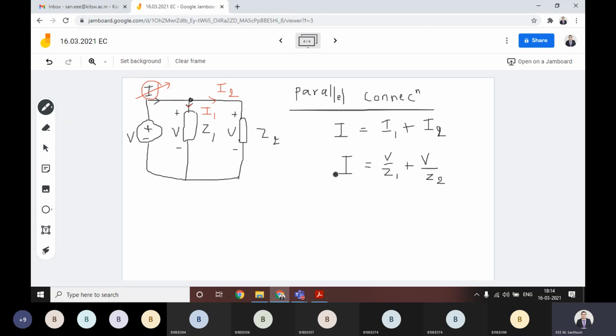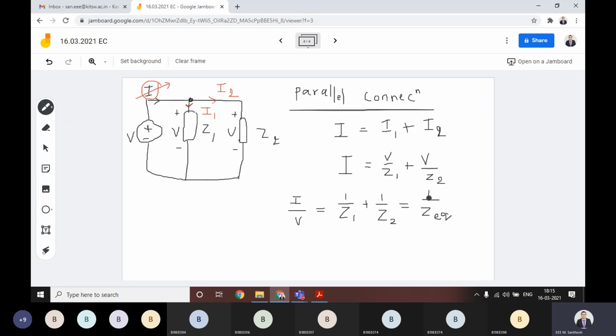Okay, then if you have V here, you can take out one V, then you can write this expression as I by V is equal to 1 by Z1 plus 1 by Z2, that is actually equivalent to 1 by Z equivalent.